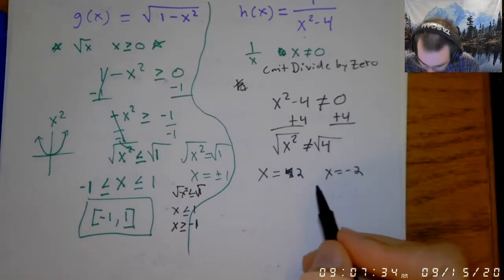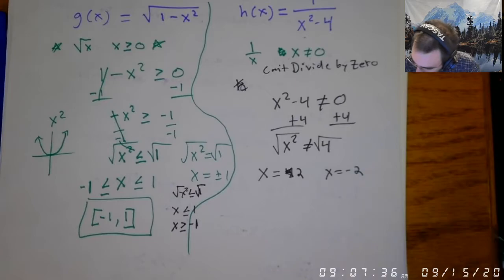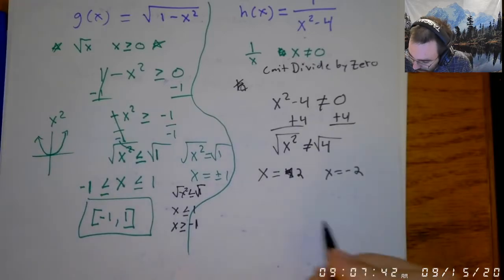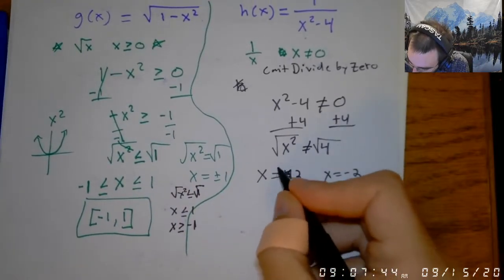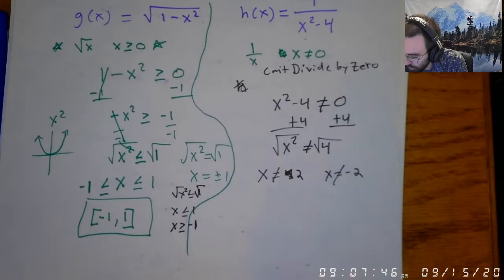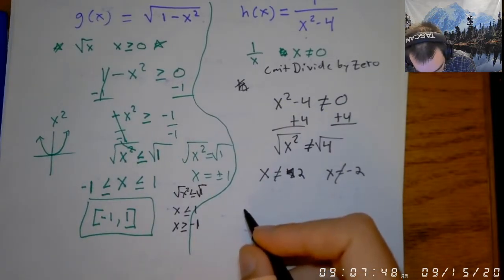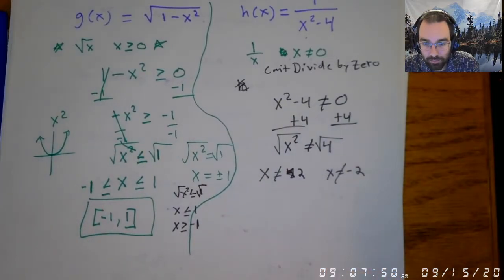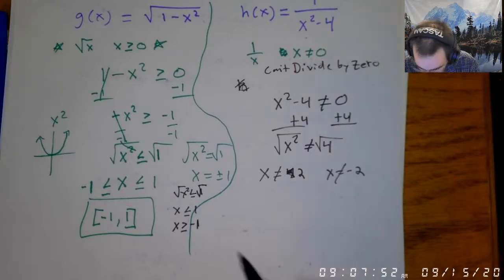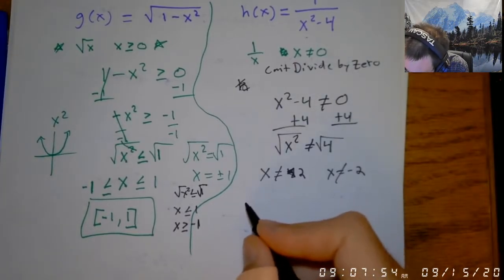Okay, so the domain here, we know it can't equal 2 and it can't equal negative 2. So to write this as interval notation, this is the only time that interval notation really kind of sucks, is when you would go like this.